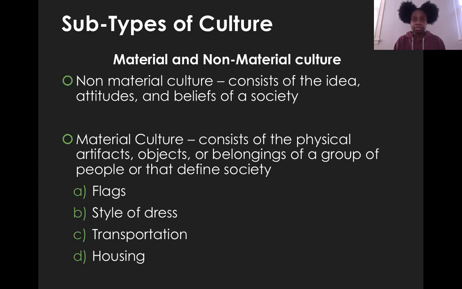Non-material culture consists of the ideas, the attitudes, and beliefs about our society. Whereas material culture consists of the physical artifacts, the objects, or the belongings of a group of people that define society. Sorry for that spelling error.